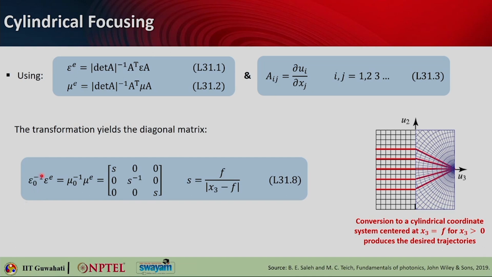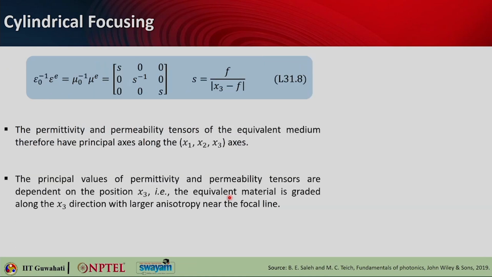So epsilon naught inverse epsilon e will be equal to mu naught inverse mu e, that is s 0 0, 0 s inverse 0, and 0 0 s. What is s here? s is basically f over modulus of (x3 minus f). So with that you can understand that the permittivity and permeability tensors of the equivalent medium have the same principal axes along the x1, x2 and x3 axes.